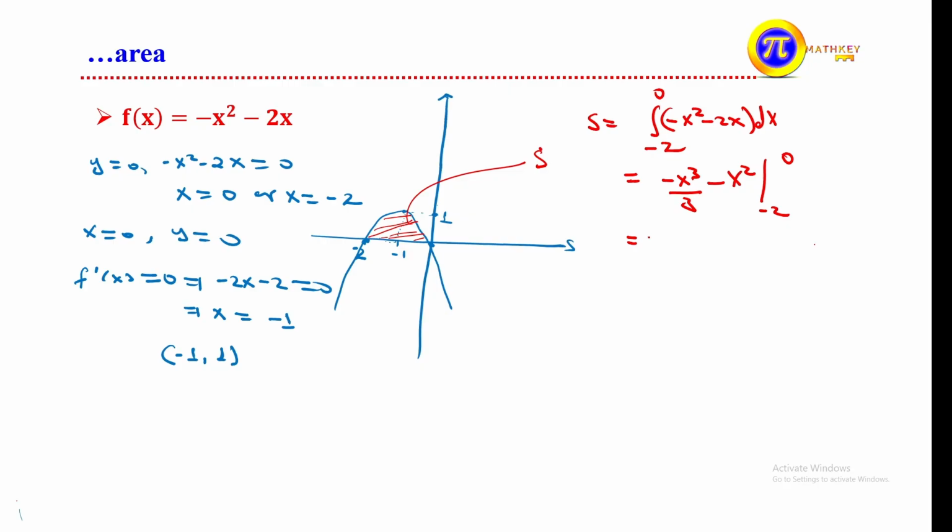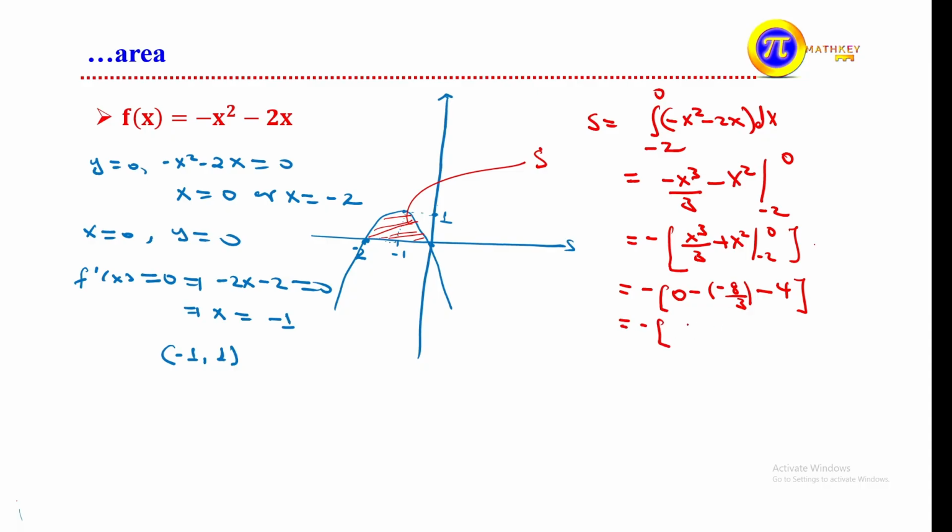Taking the negative common, this equals negative of x cube over 3 plus x square, between negative 2 to 0. This equals negative of insert 0 minus insert negative 2. Inserting negative 2 gives negative 8 over 3, and x square gives 4.